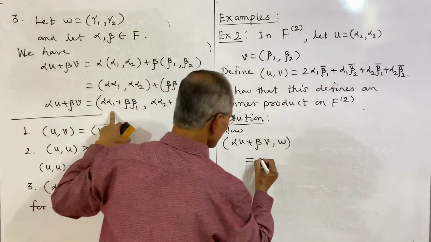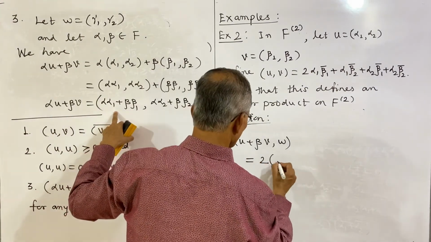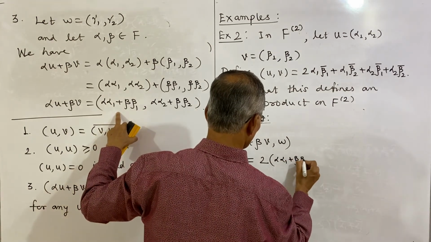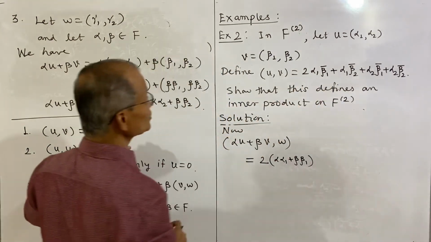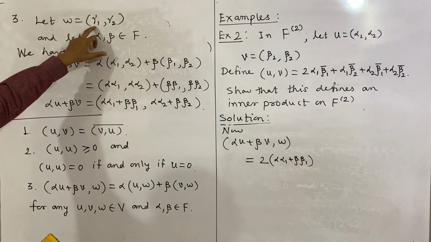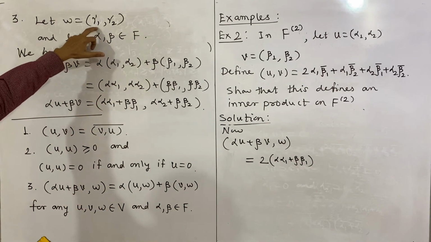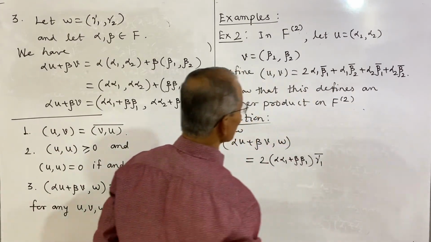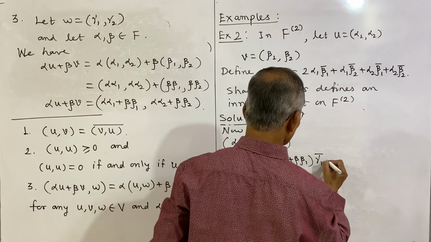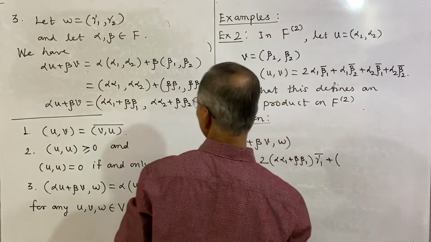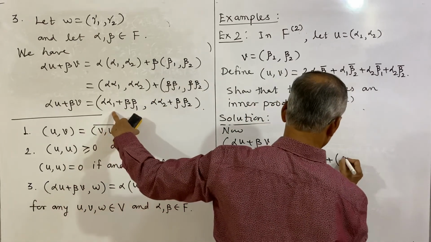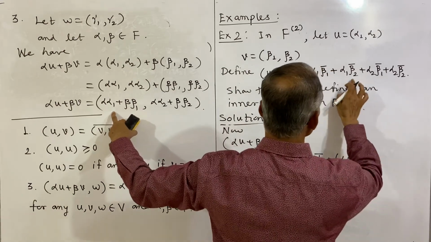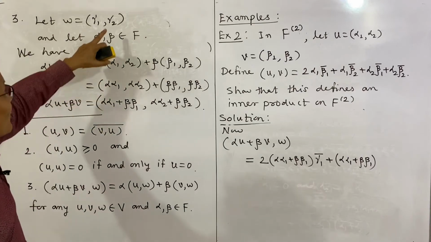So that is 2 times alpha alpha 1 plus beta beta 1, into the conjugate of the first component of the second vector, that is gamma 1, conjugate of gamma 1, plus the first component alpha alpha 1 plus beta beta 1 into the conjugate of the second component, that is gamma 2.